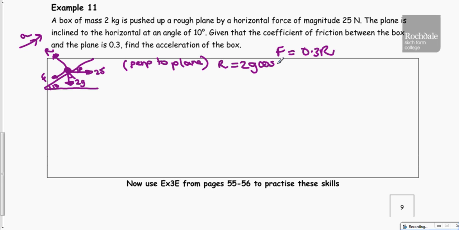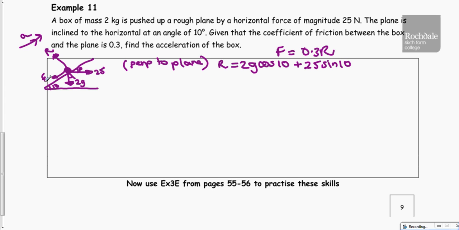And we also have a component of this 25 acting downwards. And that will be 25, and because we're turning away from the 10, it will be 25 sine 10. So if we work that out, that gives us the value of R.